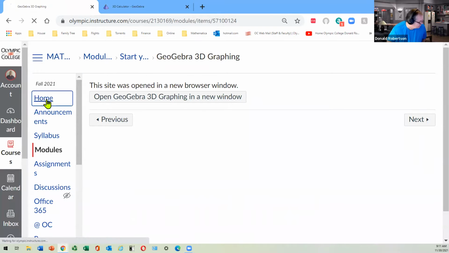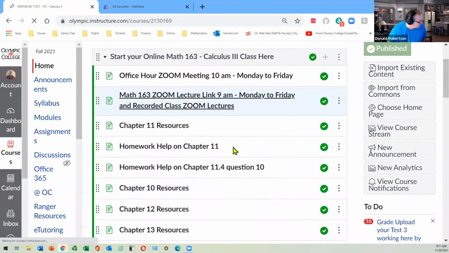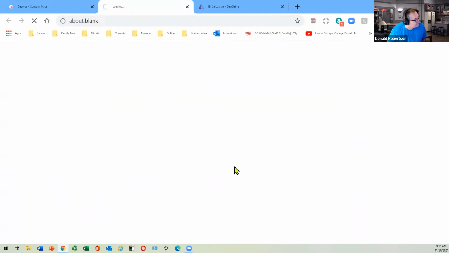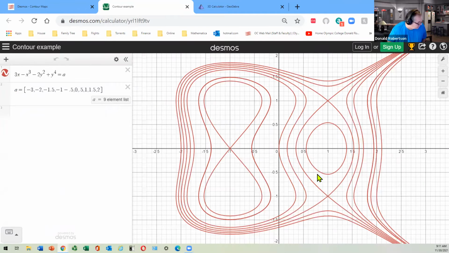If you also go back to Canvas, there is another thing called contour maps. And what contour maps do is that they allow you to, in 2 dimensions, which is what that is, visualize what a 3-dimensional surface would look like. And contour maps are used very often in multivariate geometry to visualize the shape.